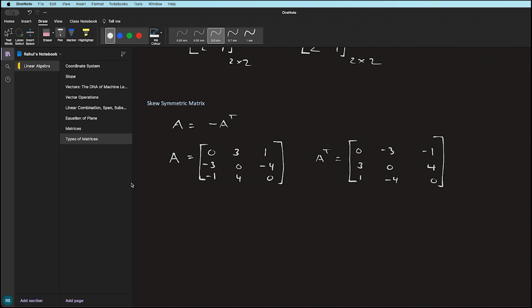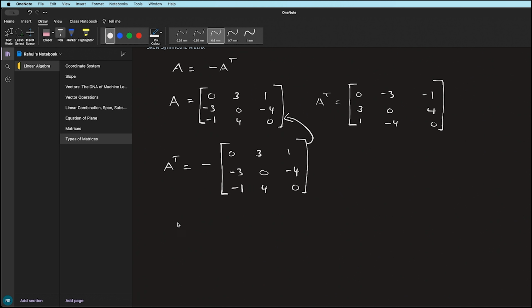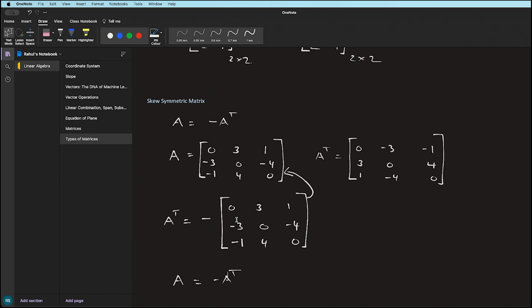So I can write this transpose of A as, if I take a negative sign common out of this matrix, 0 3 1, minus 3 0 minus 4, then minus 1 4 0. So this matrix is the same as the original one, but there is a negative sign common. So I can write it as A equal to minus of A transpose. So this is nothing but a skew symmetric matrix.